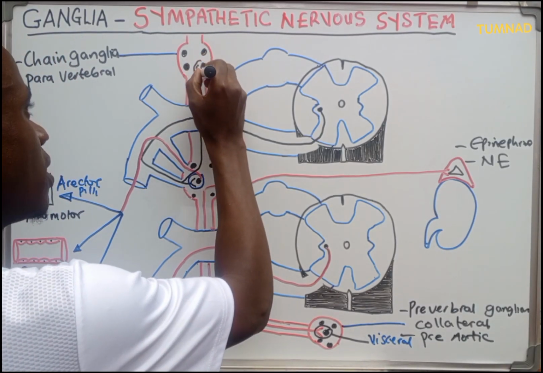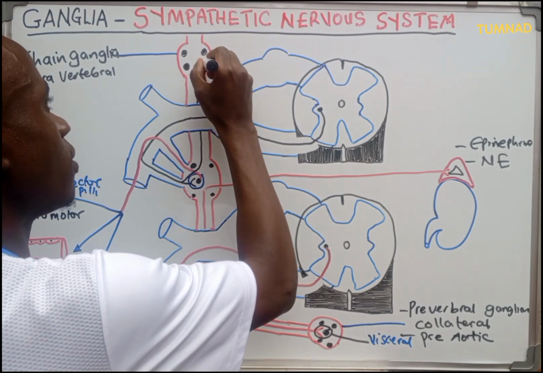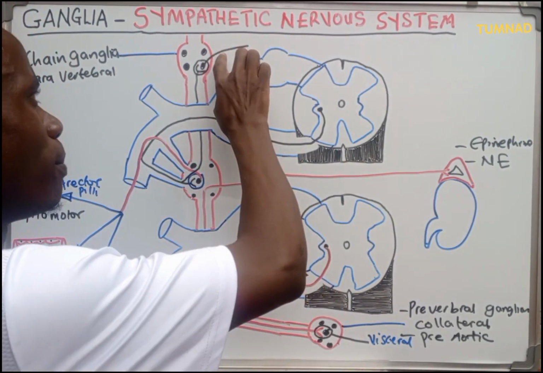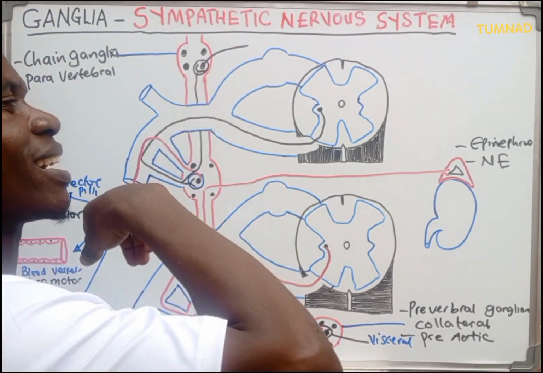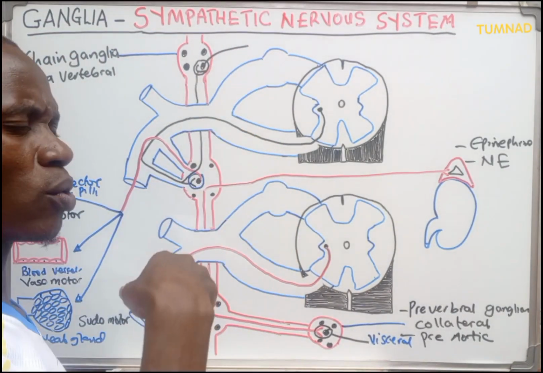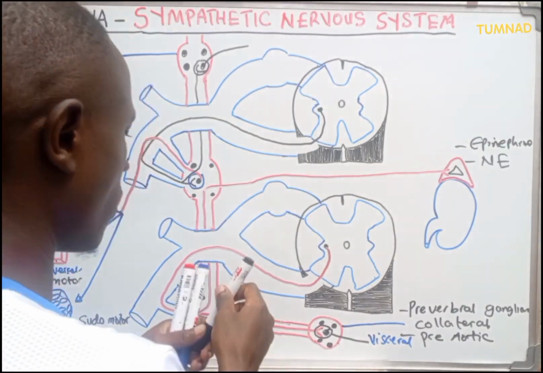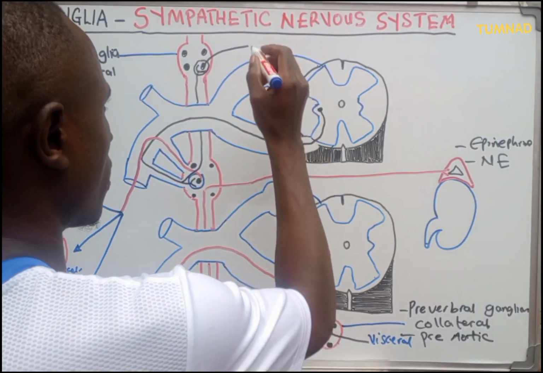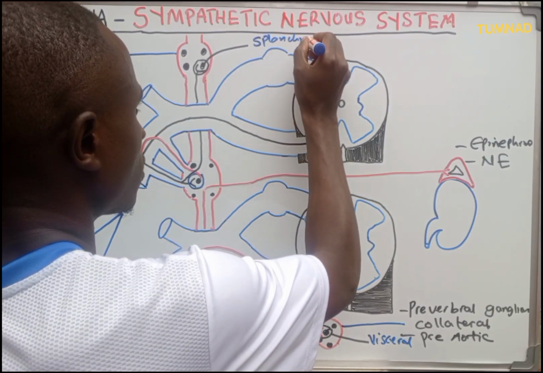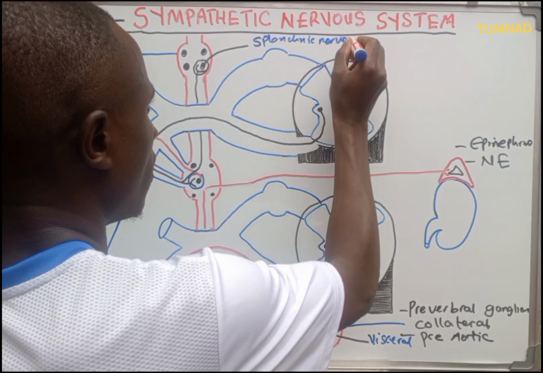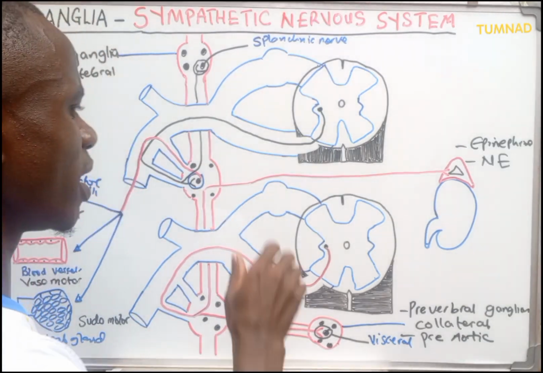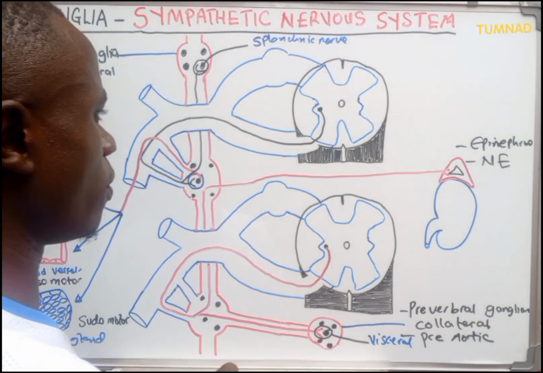After synapsing, the postganglionic motor fibers can come out on their own. When these fibers come out on their own, they become part of what we call the splanchnic nerve. It is also another beautiful thing.